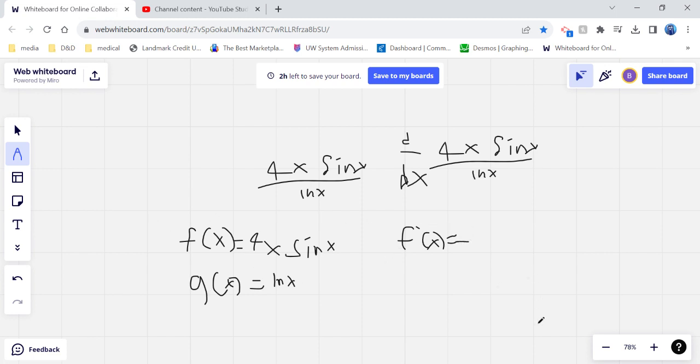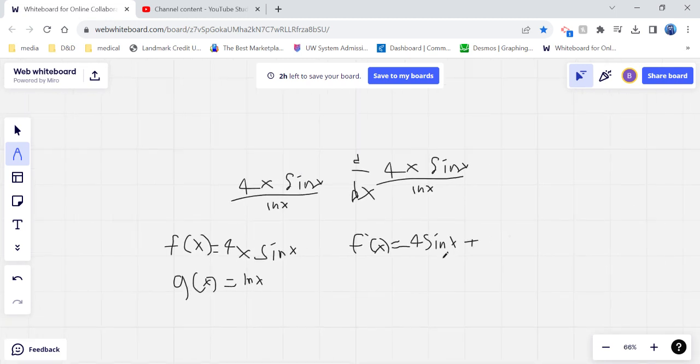And I'm just going to do this real quickly, but that would be the derivative of this, so 4 times that original function, sine of x, plus that original function there, so 4x, times the derivative of this, so cosine x.